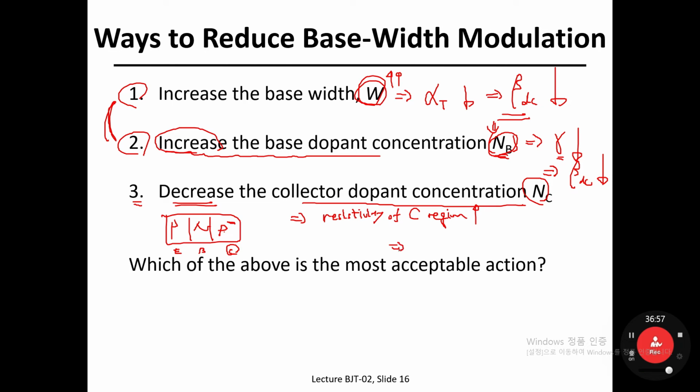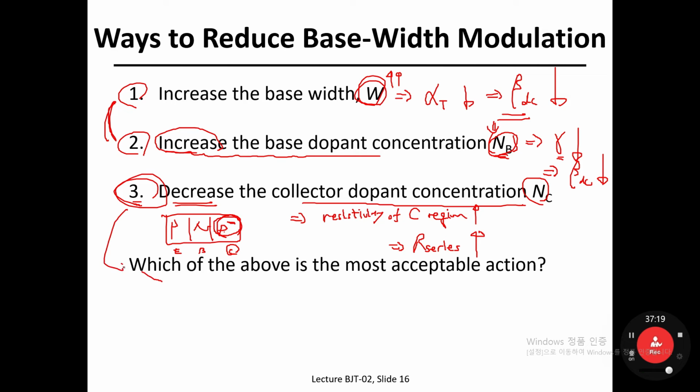That means the series resistance value, I mean, the original resistance value itself coming from the collector would be increased, which is bad news. However, this is the best way to reduce base width modulation.